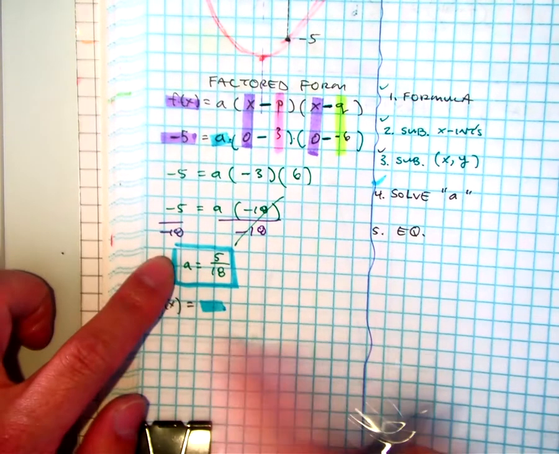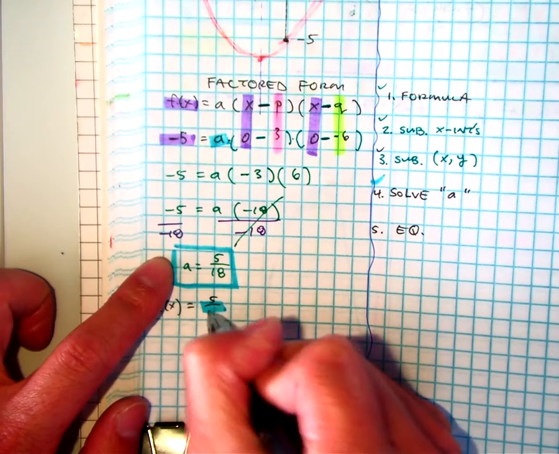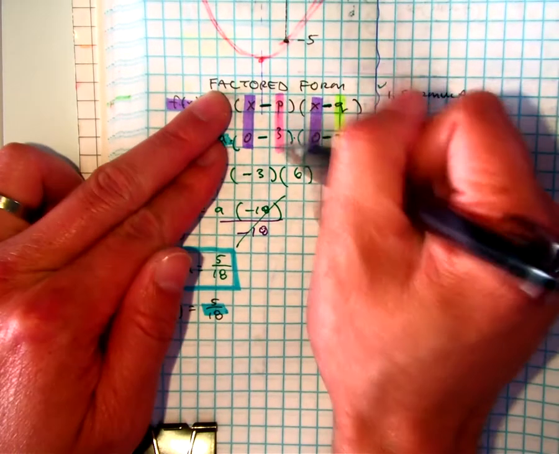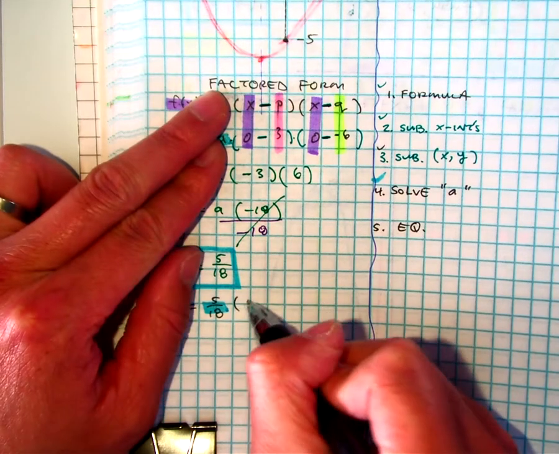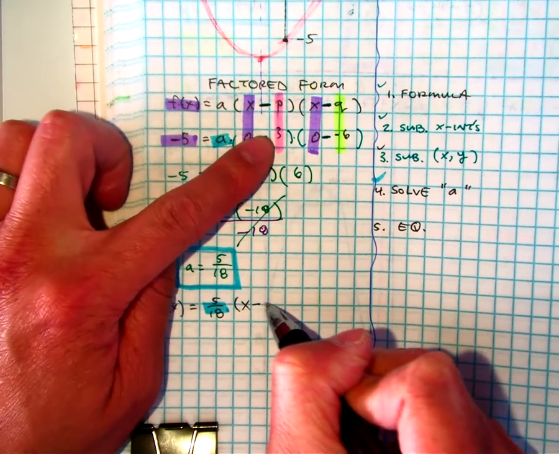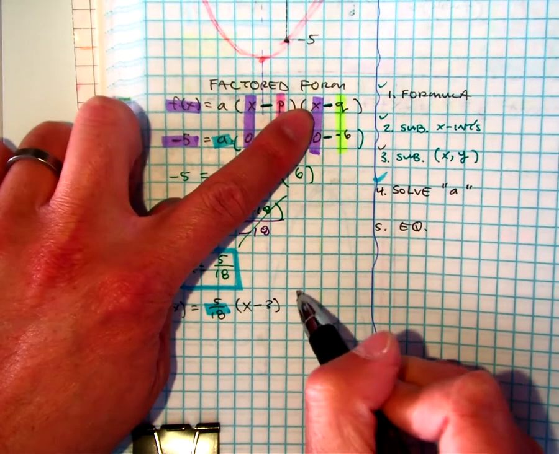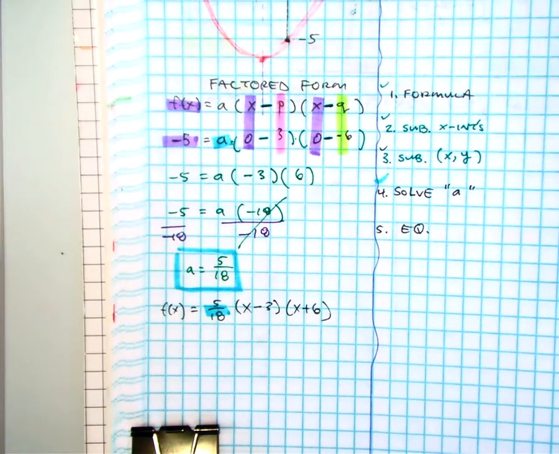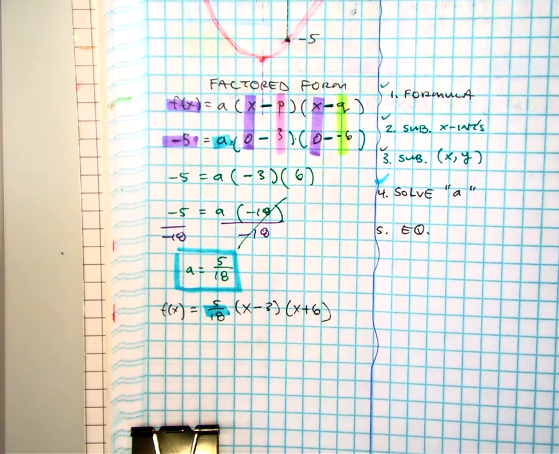Our a value is 5 over 18. And then all I have to do is write in the substitution, x minus 3. Careful, this one's going to be x plus 6. And this is our answer.